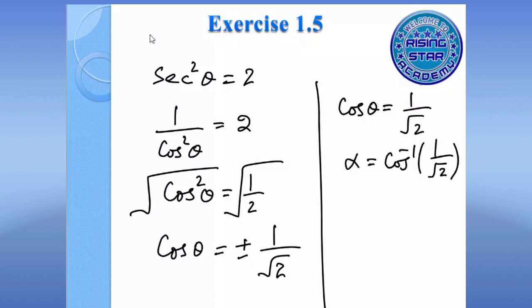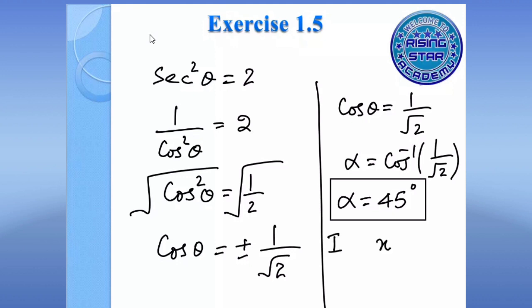So alpha is equal to 45 degrees. For the first quadrant, it would remain as it is. So theta is equal to alpha, that is 45.